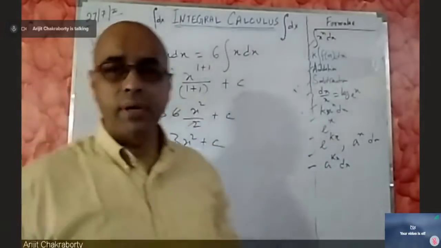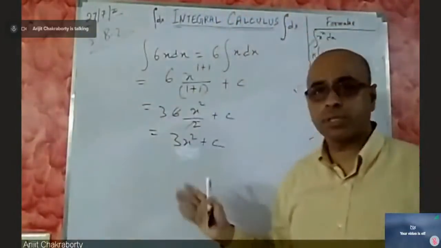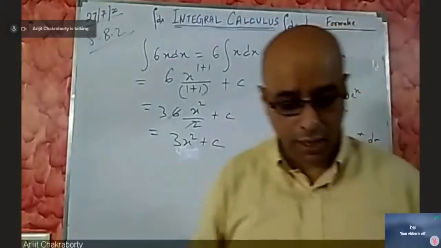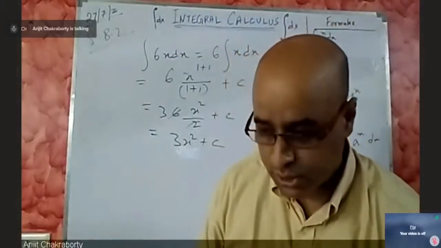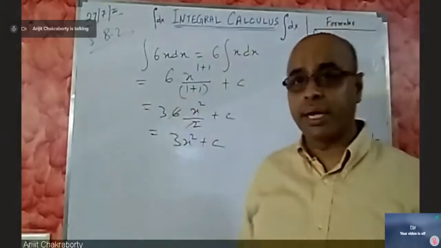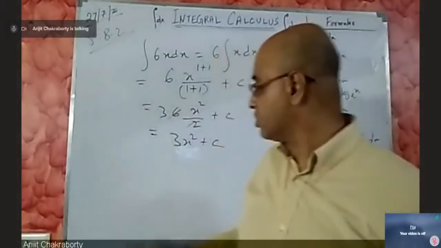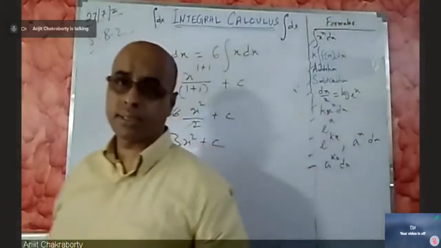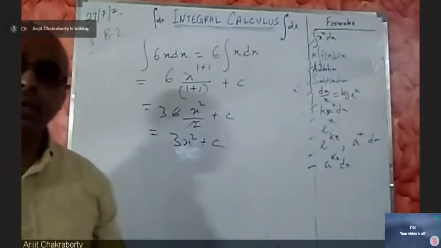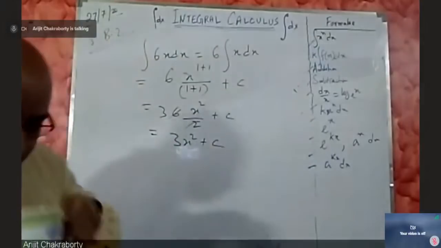Okay, please have a look at this process and see whether you are understanding this now. So 6x we have integrated, and the result comes to 3x squared plus c, where c is the constant of integration.